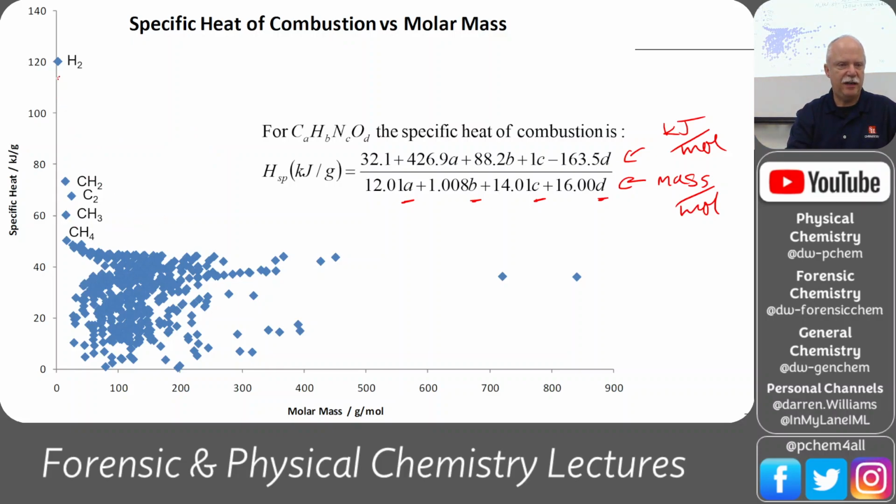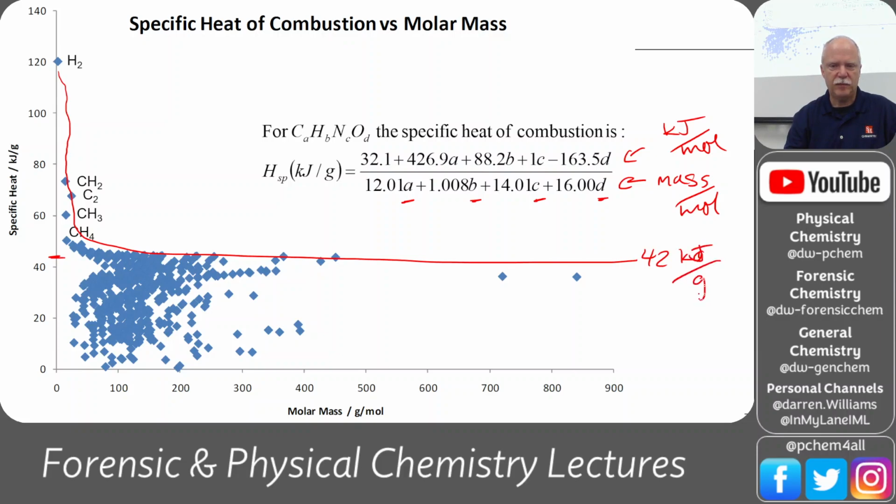And notice that putting these compounds aside, it tapers off and reaches this roughly 40, 42 range. So about 42 kilojoules per gram. So that's a good estimate for combustible materials.